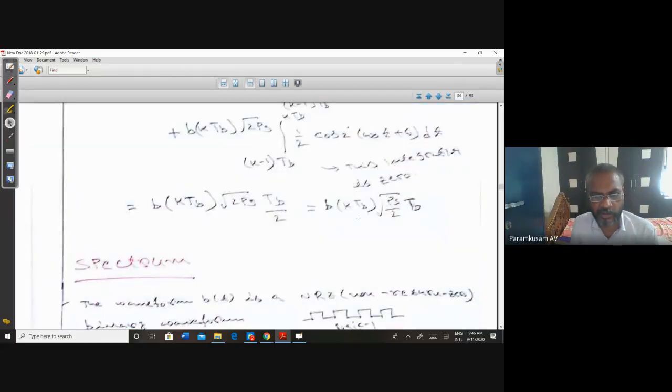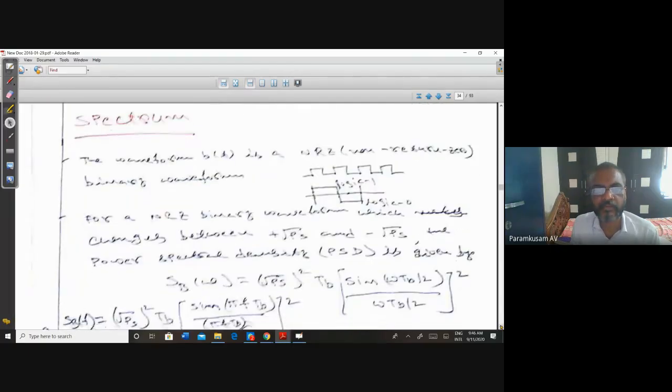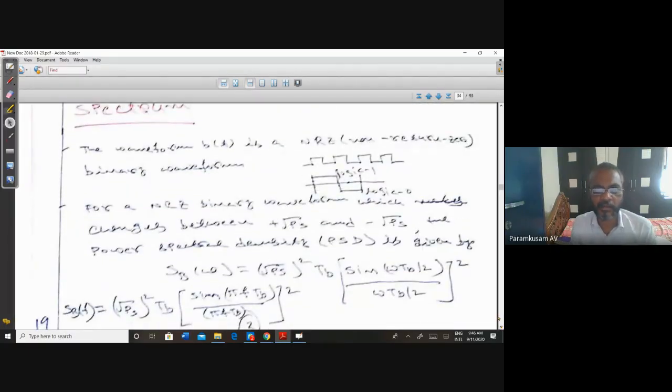Next we see the spectrum of BPSK. Please note down the heading: frequency spectrum of BPSK signal.